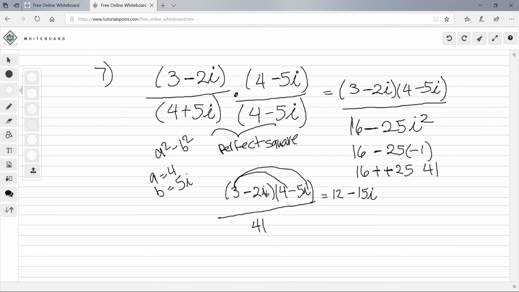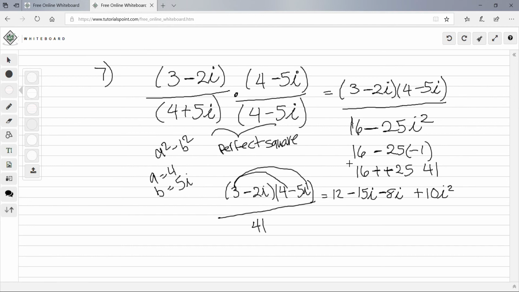Then negative 2i times 4 is negative 8i. And then negative 2i times negative 5i is positive 10i squared, because we're multiplying the i's.